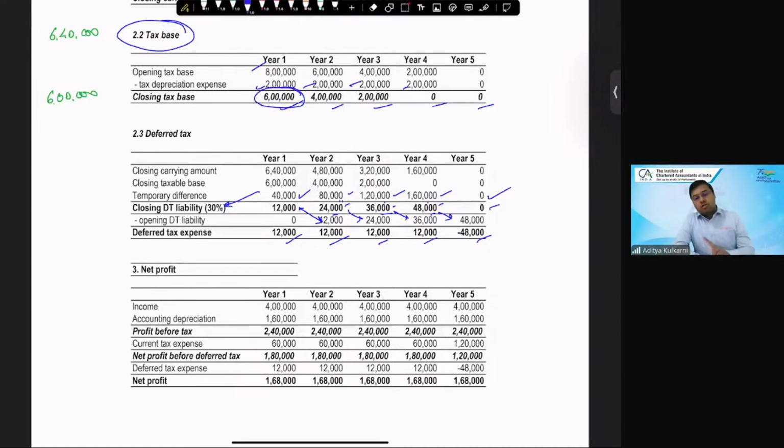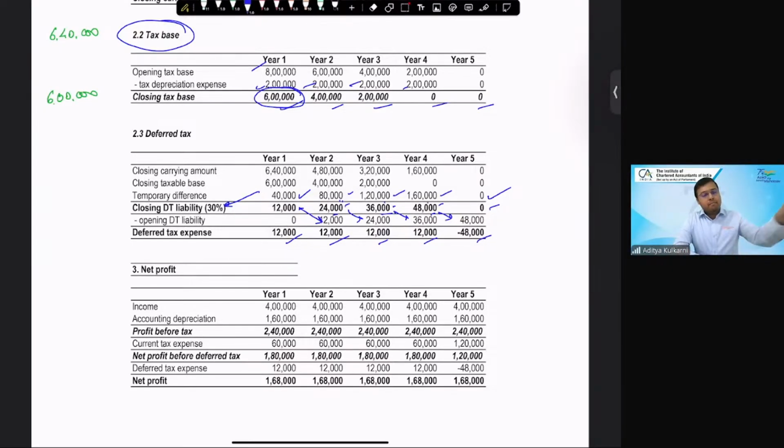But by virtue of impairment, your future depreciation is getting affected. Yes or no? Your future depreciation is getting affected. In the end, what is the end outcome of all this? Your asset will be fully depreciated.